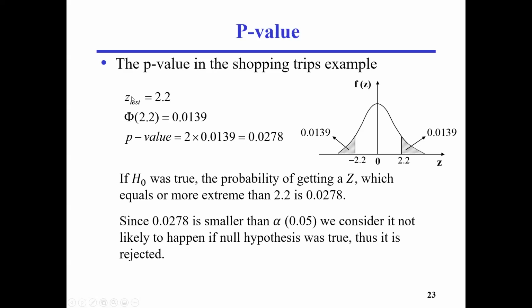So now here, we're not using alpha. We calculated z-test first and used that value to find the p-value for this two-sided test. That specific p-value is 0.0278. Now we compare this p-value with the alpha value.